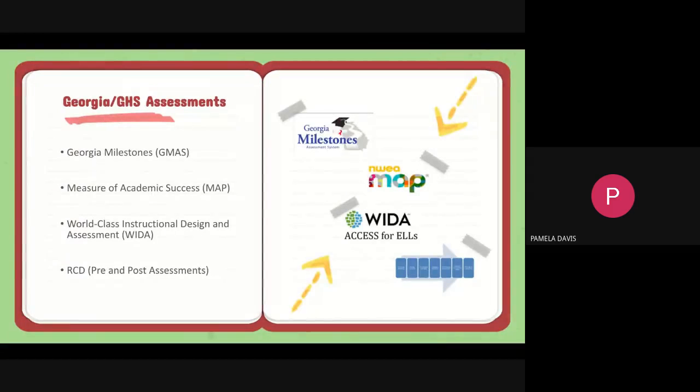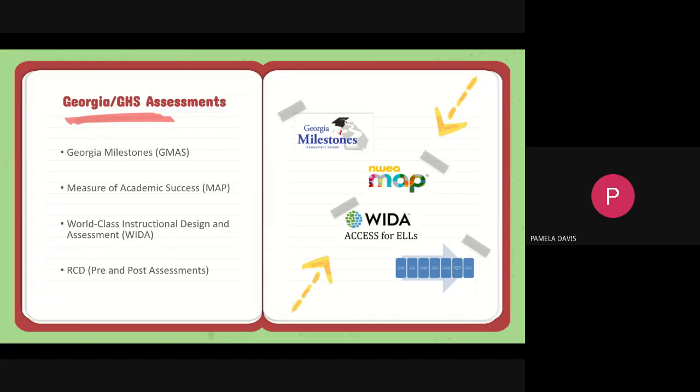Any student who takes these courses is required to take the EOCs. All students will have to test in order to be able to graduate from high school upon completion of the course.